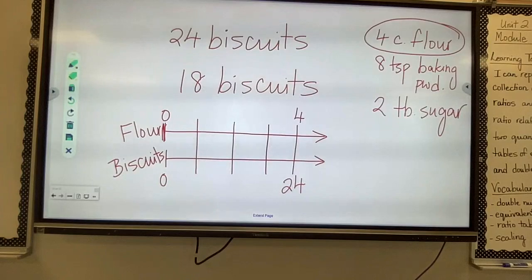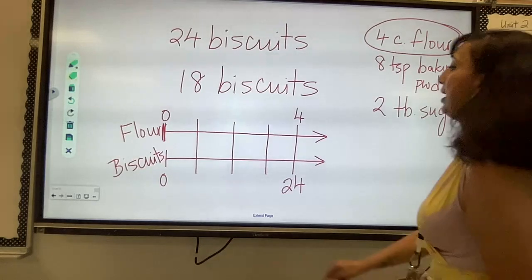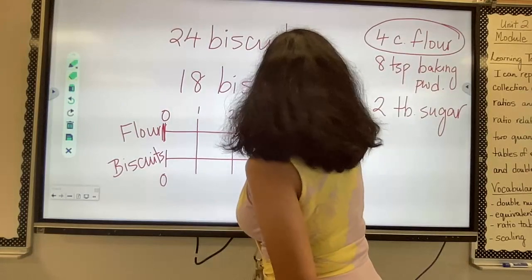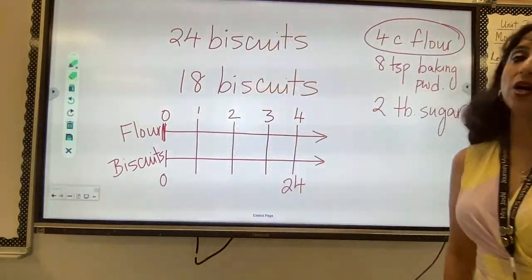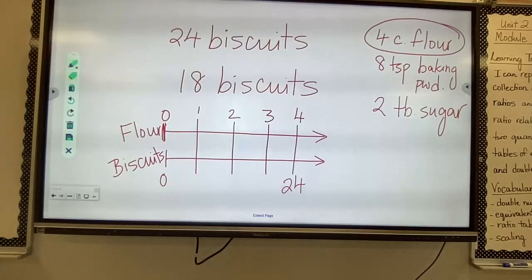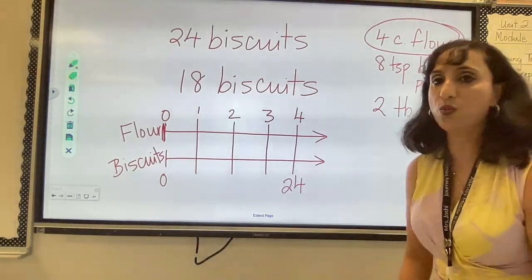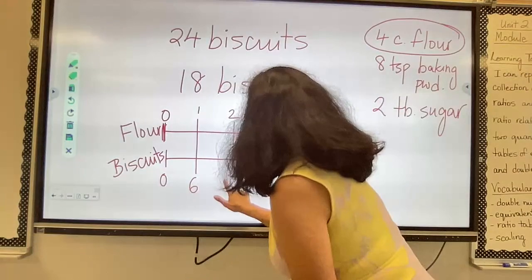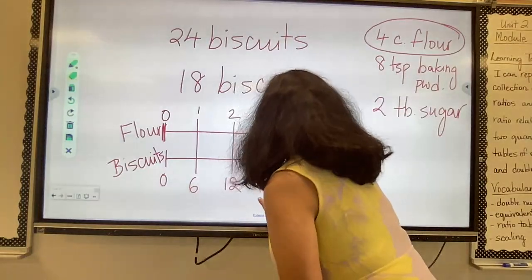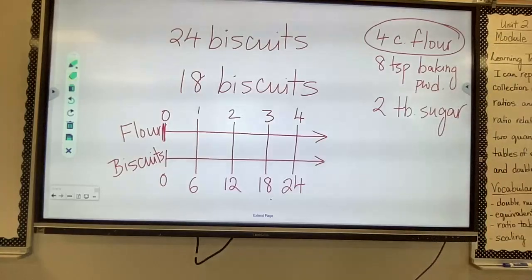I'm dividing 4 by 4 and 24 by 4 to create an equivalent ratio. And I get 1, 2, 3, and 4 like this. I'm going to divide the bottom number line into increments of 6 units, because 24 divided by 4 is what? So I get 6, 12, and 18.